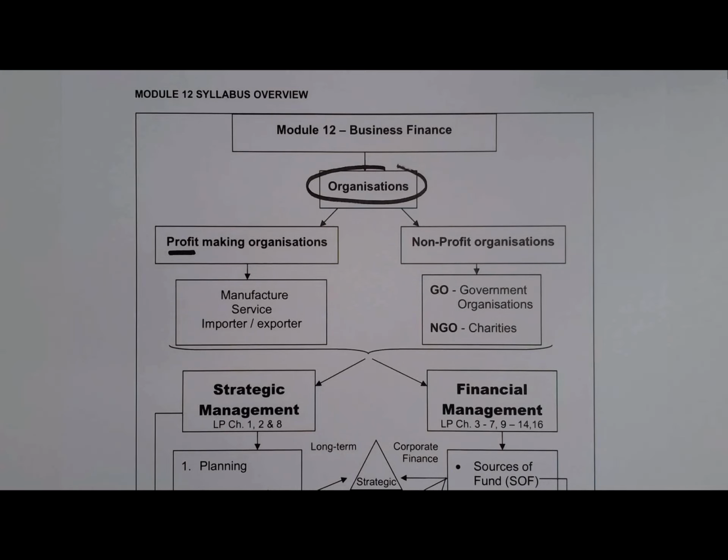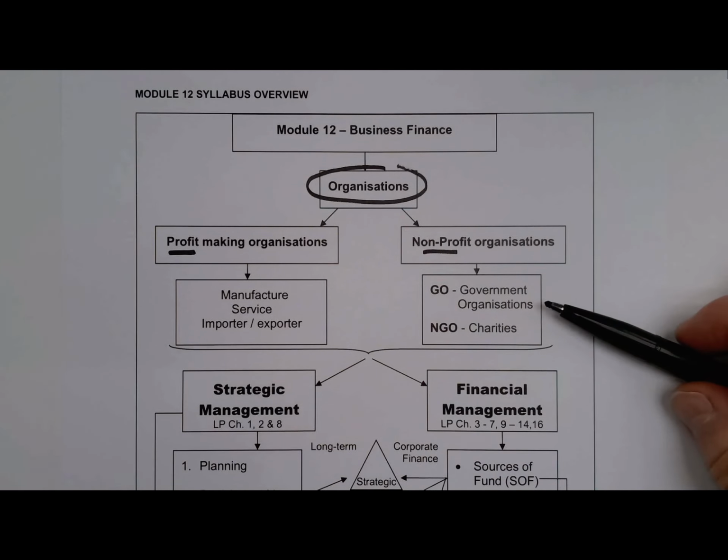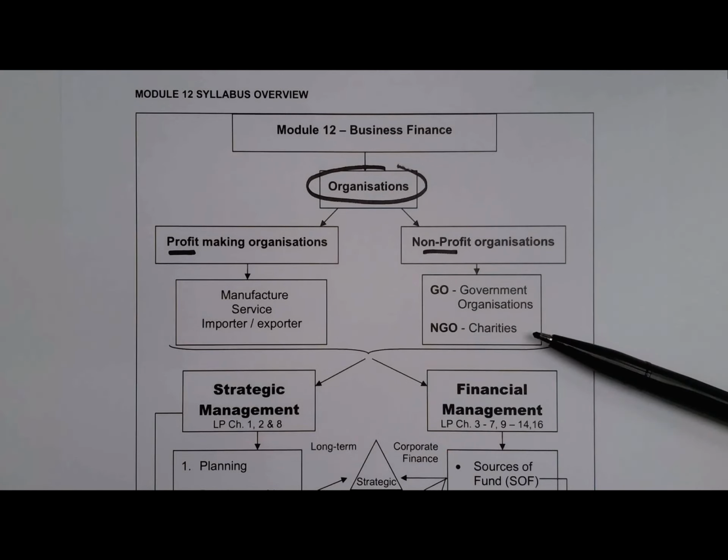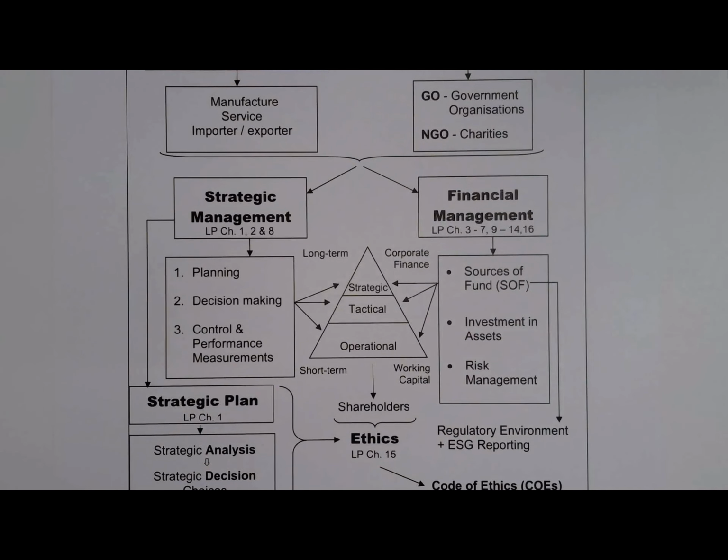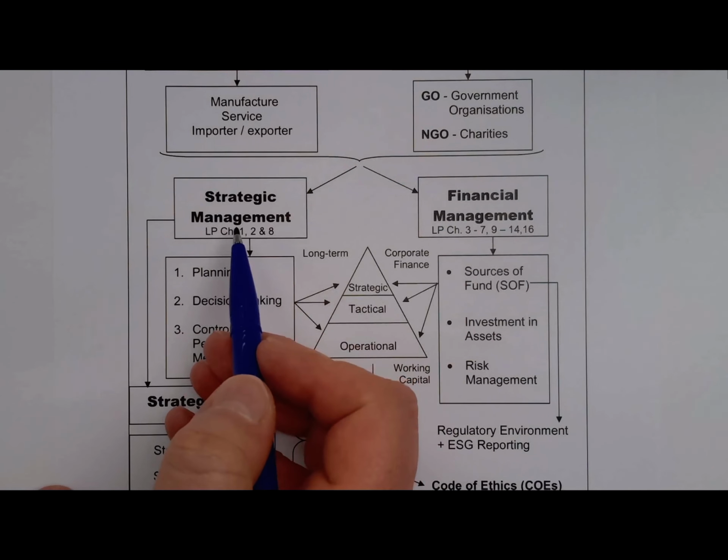There can be an importer-exporter, or, quite rare, we can have non-profit making organizations. So we can have GOs, government organizations. We had many, many years ago a government hospital, or they could test NGOs, non-government organizations that could be charities. Doesn't matter what they are testing, all of these organizations are covered in the syllabus.